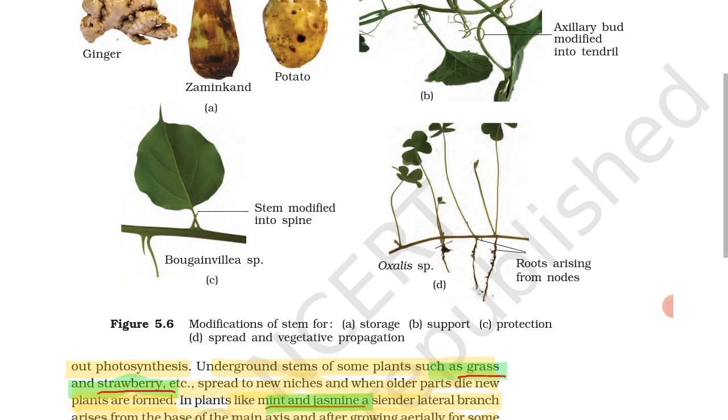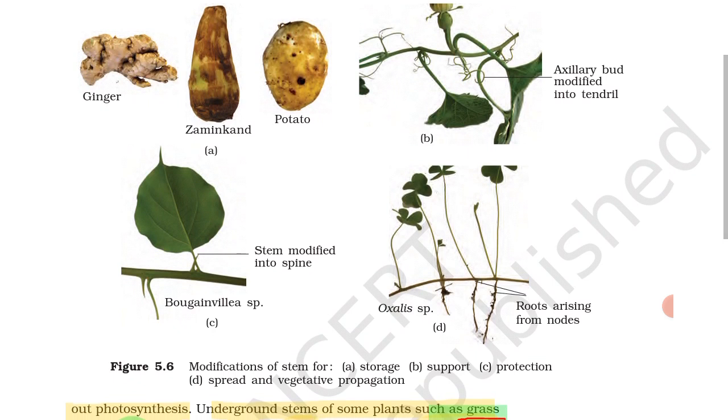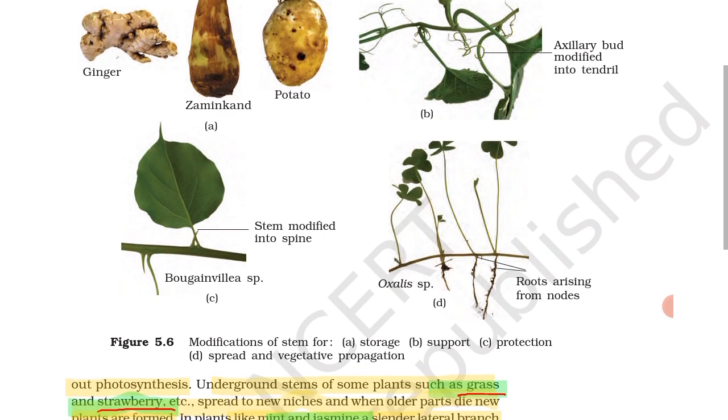For storage they have shown ginger, turmeric and potato, and for support they have shown the axillary bud modified into tendril. Third is protection, bougainvillea, where the stem is modified into spine. Next is spread and vegetative propagation, that is oxalis, where root arises from nodes.